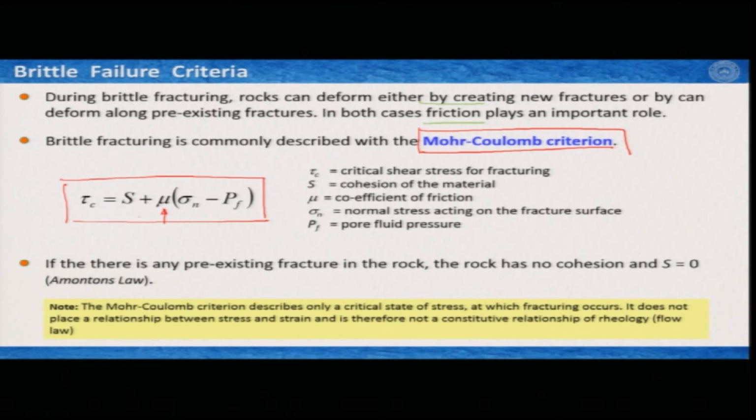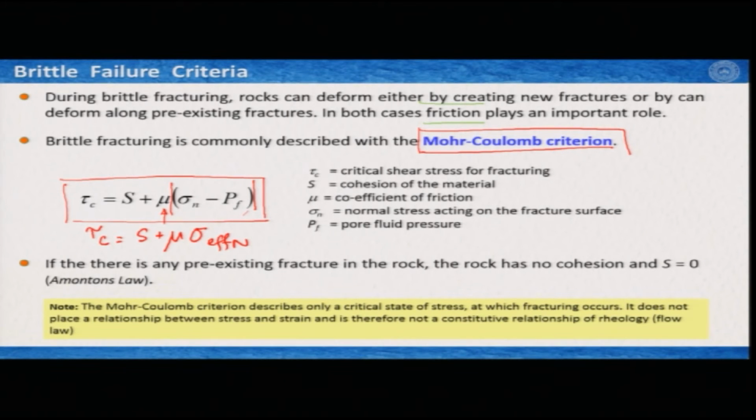Mu is the coefficient of friction, sigma n is the normal stress, and Pf is the pore fluid pressure. So, eventually this sigma n minus Pf gives you the effective normal stress. So, you can write it as Tc equal to S plus mu sigma effective normal, which is equal to sigma normal minus pore fluid pressure.